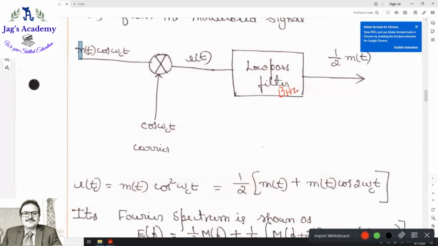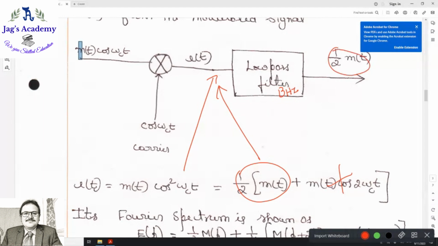So when this expression is passed through the low pass filter, which term will remain and which term will go out? This term will remain, and this term will go off. What will remain is only half into m of t.